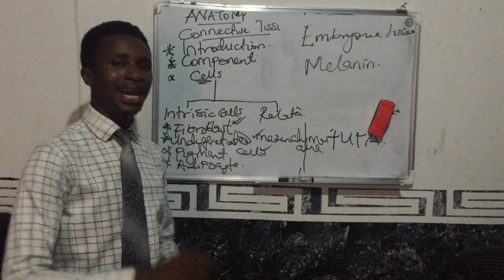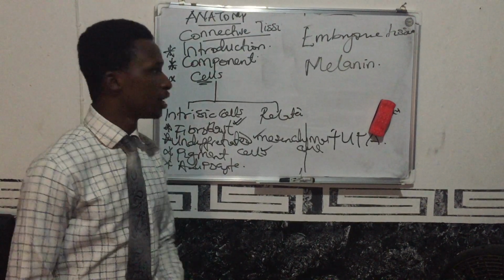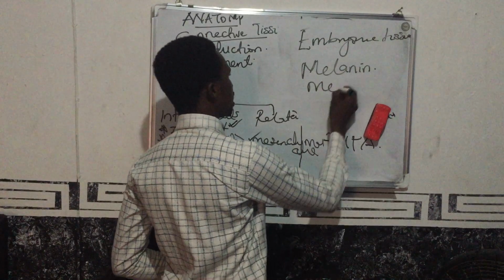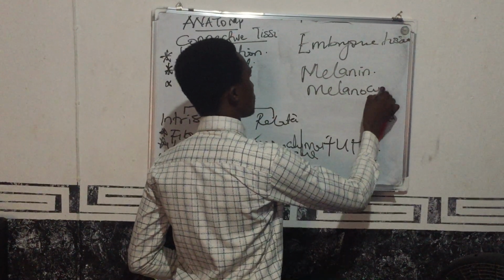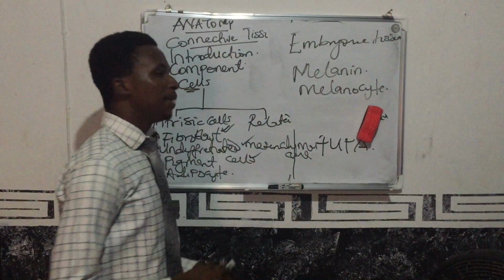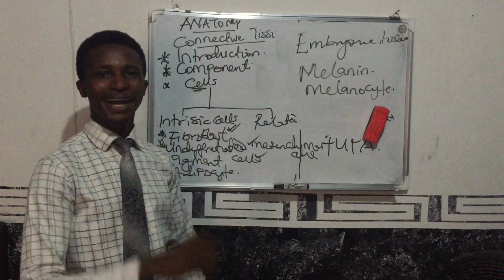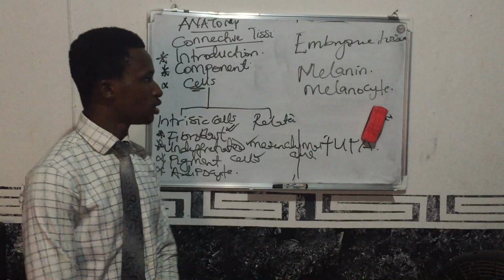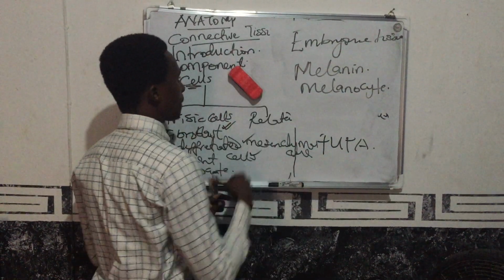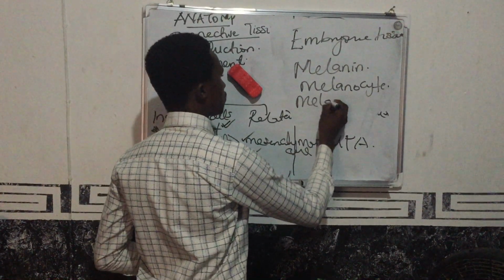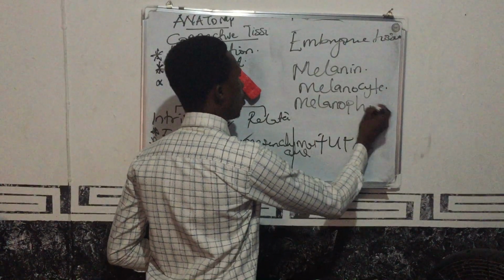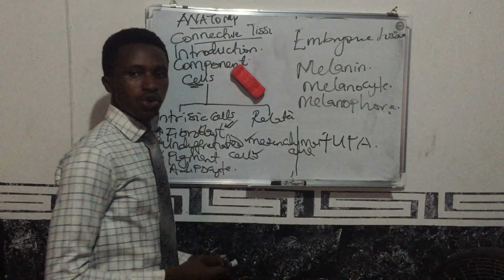Melanin is produced by a special type of cells referred to as melanocytes, and it can be engulfed or destroyed by another kind of cell called melanophore, also known as chromatophore.